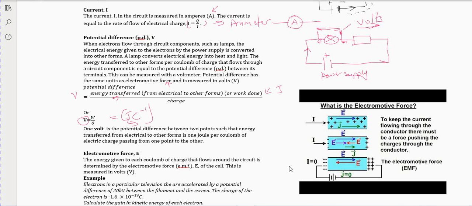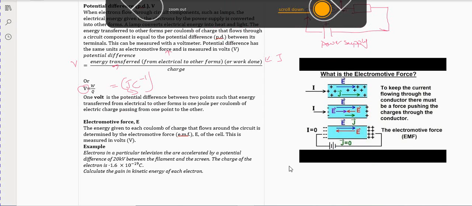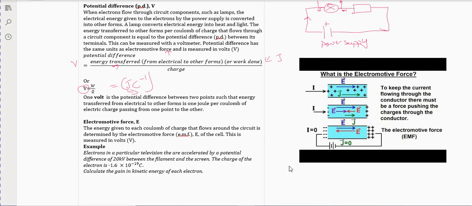All right. Now, as we said, electromotive force and potential difference carry the same units. Now, when it comes down to electromotive force, this is what it is saying: the energy given to each charge, or to each coulomb of charge that flows around the circuit, is determined by the electromotive force of the cell.